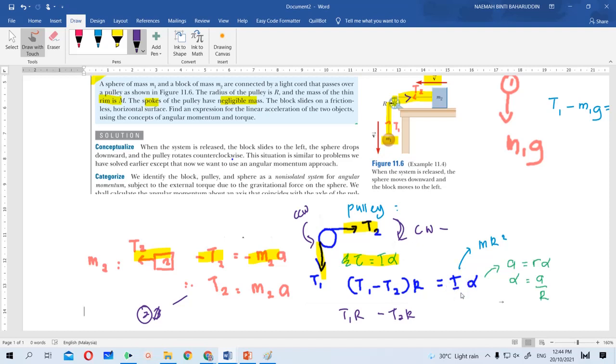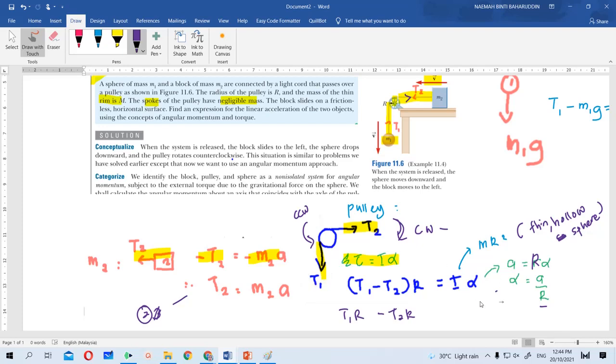Something to add on for I and alpha: I is, because it's a thin hollow sphere, equivalent to mr squared. For alpha, go back to the linear relationship with angular: a is R alpha. We put it as capital R according to the figure. So we replace this here so that everything has the same variable, which in this case is a.